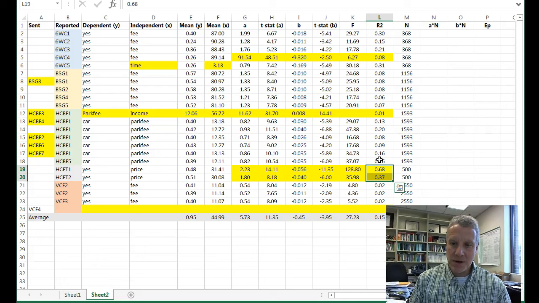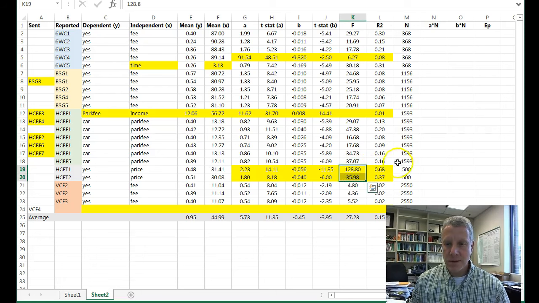So just check and make sure that is the R squared. And these F stats look, at least that F stat is very large. So I'm just not sure.